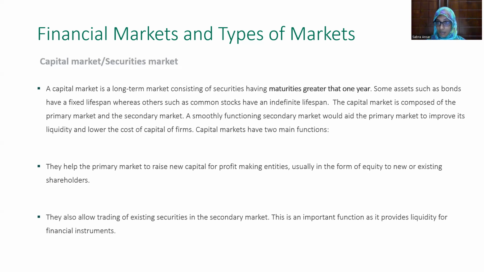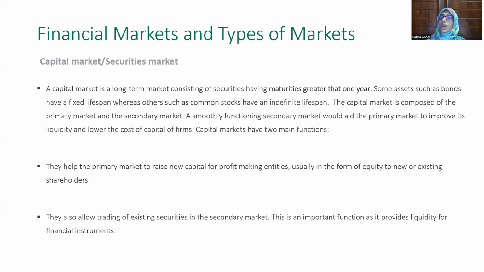However, when it comes to the secondary market, this is a situation where a person who has a security which has a longer maturity date, and the investor is unable to stay till it matures and wants some money and wants to sell it off. The market that will be used here would be the secondary market.